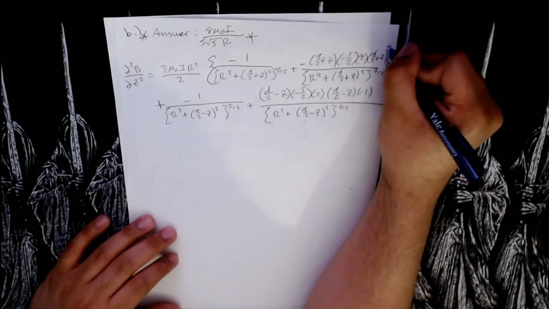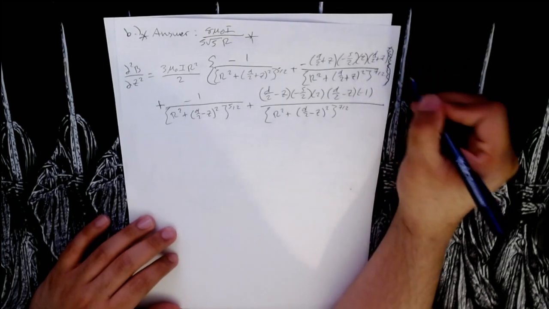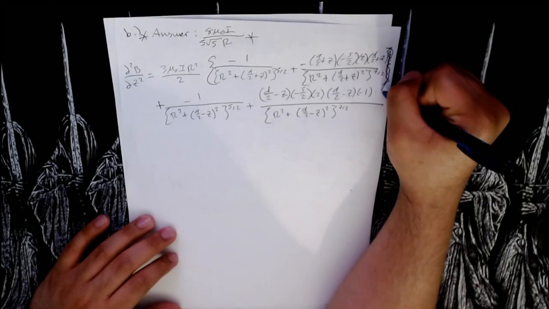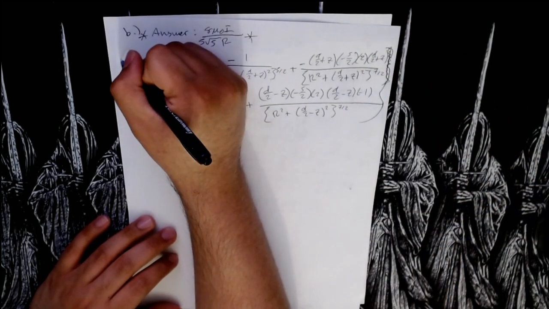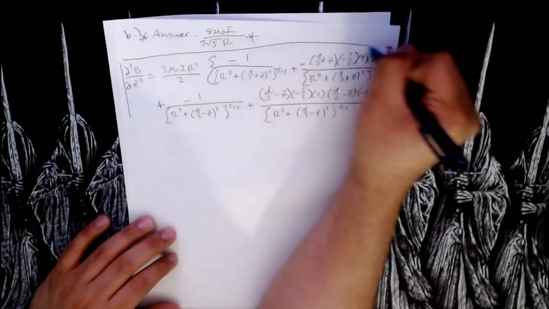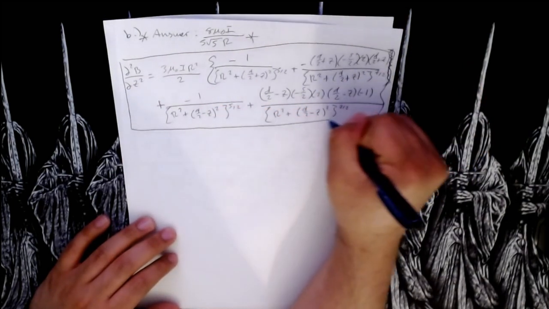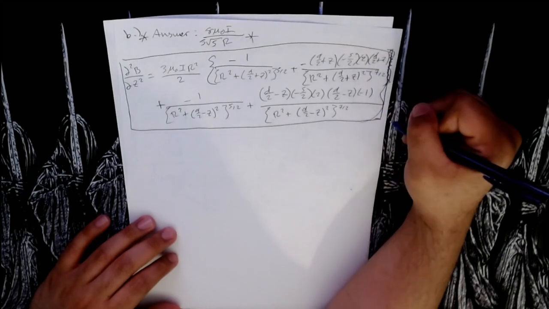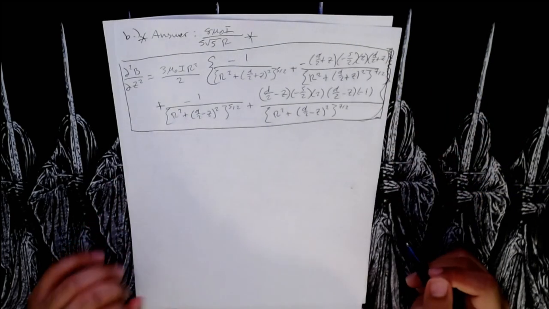Yeah, okay, this will be our second derivative of the magnetic field with respect to z, right?